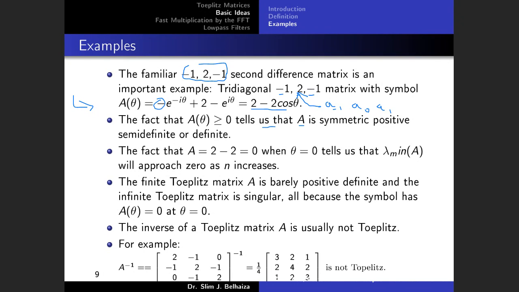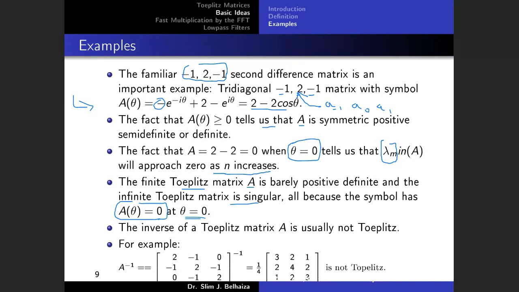And the fact that A(theta) is equal to 0 when cosine equals 1, which means when theta equals 0, tells us that, in fact, the lambda min of A will approach 0 as n increases. So the finite Toeplitz matrix A is barely positive definite, and the infinite Toeplitz matrix is singular, all because the symbol A(theta) is equal to 0 when theta equals 0.